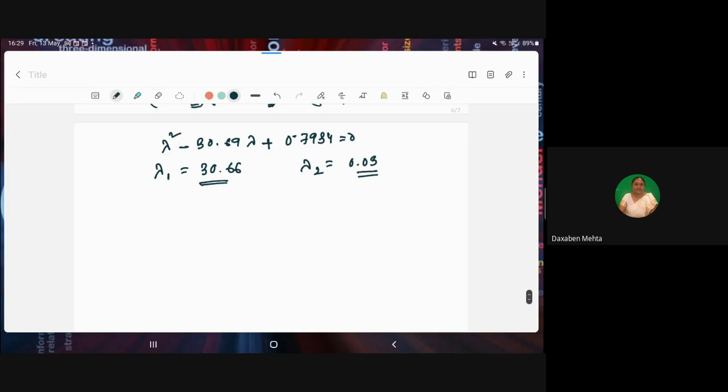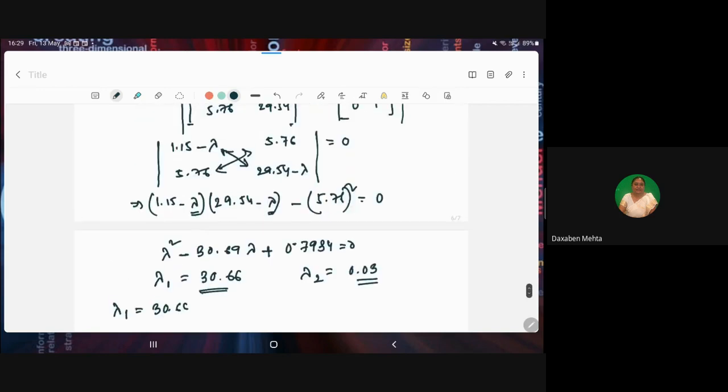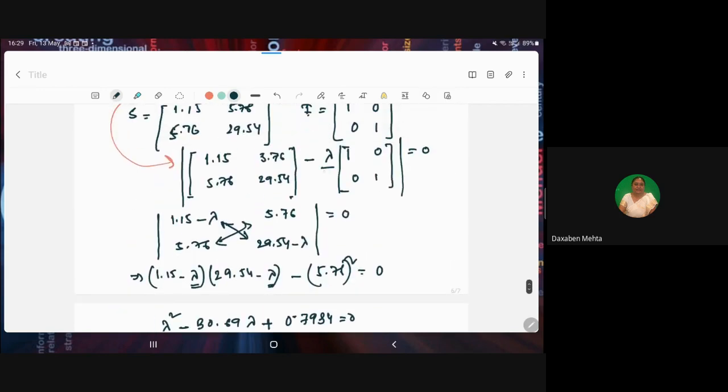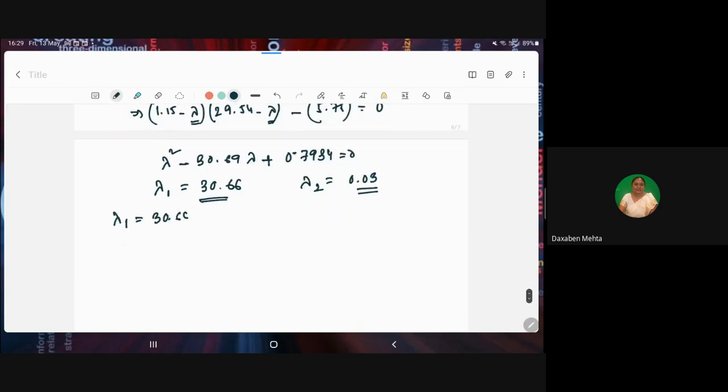That is for the first lambda, for example, for the first lambda, the value is 30.66, and if I put this value of lambda here in this equation, look what I get. That is 1.15, 5.76, 5.76, and 29.54 minus 30.66.